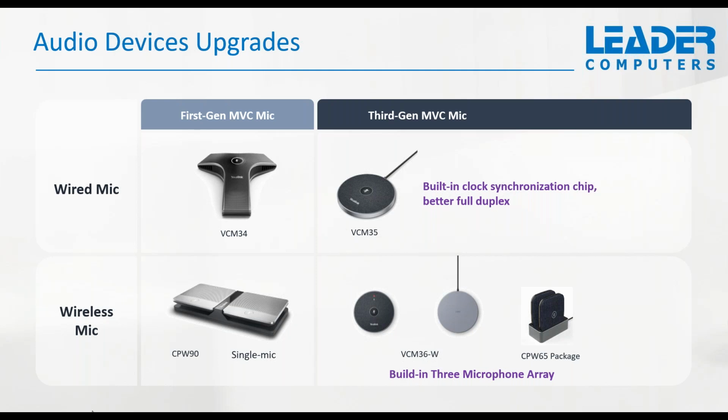The charging cradle used to be a dish type setup where the wireless mic would sit in that dish and charge. Now we have a flat surface, and not only can we charge the mics on this new charging cradle, but we can charge our mobile phones as well. It's a standard Qi wireless charger.